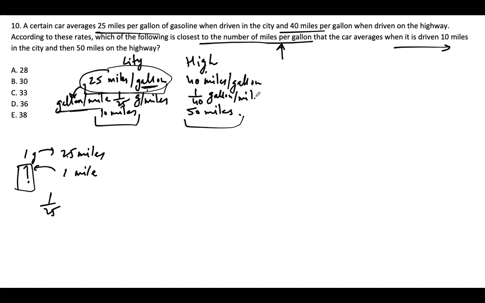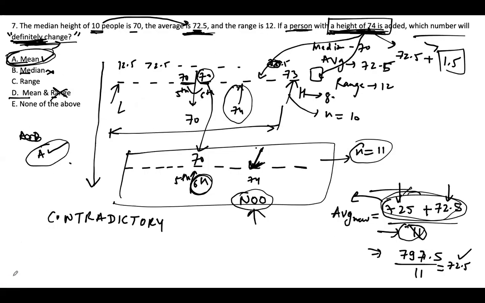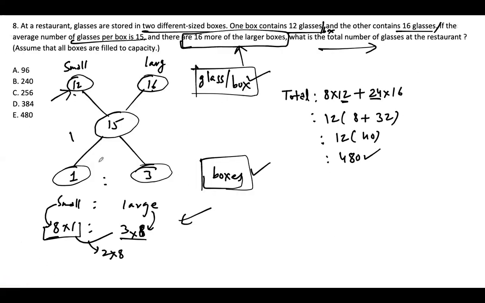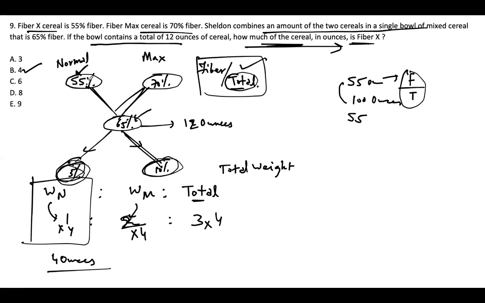Can I say sum of all samples is equal to number of samples into average? In the last 2-3 questions we knew all the averages, and hence we were able to find this.